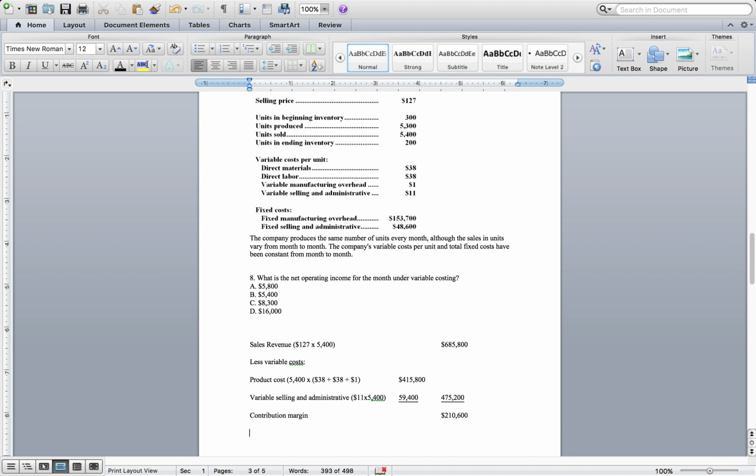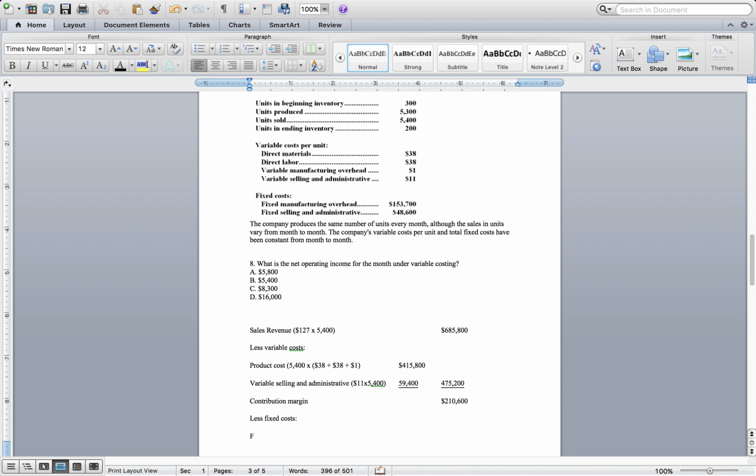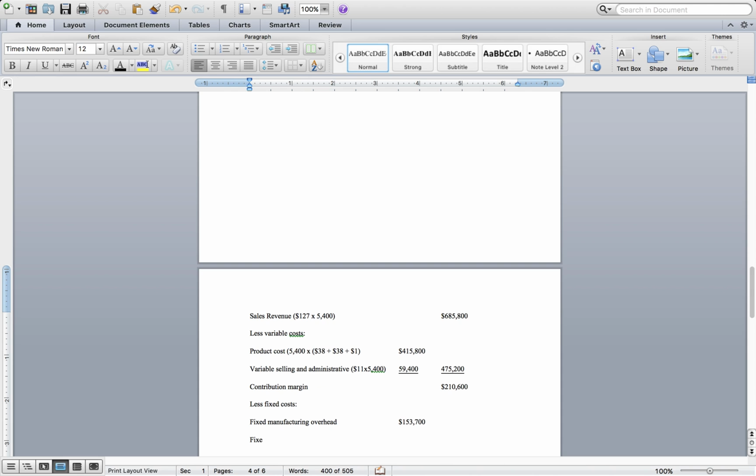Now we did our variable expenses. Now it's time to take out, less, our fixed costs. The first one we have is our fixed manufacturing overhead, which is 153,700, and also our fixed selling and administrative expense.